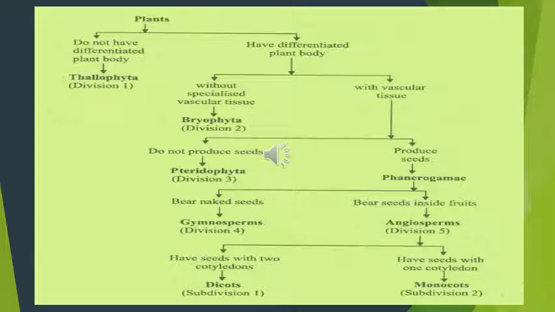Then we have studied the difference between the artificial, natural, and the phylogenetic systems of classification. Then we have studied the common characteristics of kingdom plant, and we have also studied on which basis we are going to classify the kingdom plant into different divisions.